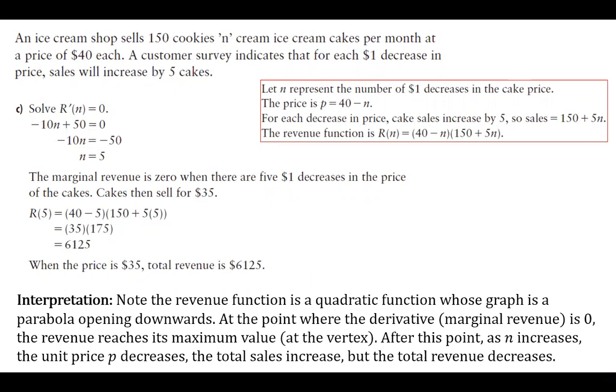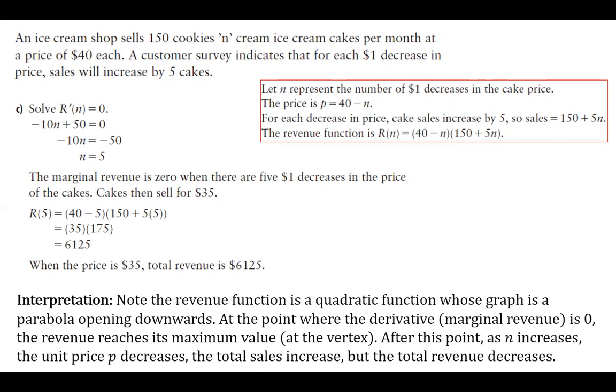So we can find the revenue at n equals 5 as well. So the revenue when n equals 5 is (40 minus 5) times (150 plus 5 times 5), which gives us 6125. So that means when the price is $35, the total revenue is $6125.